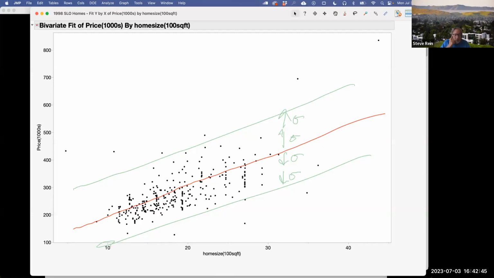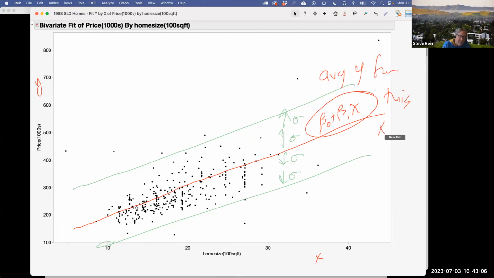And there's a trend line there, and maybe I'll just label it here as beta 0 plus beta 1 times x. Here are your x values, and here is your y, and here is, if you will, the average y for this x, the one that we give.